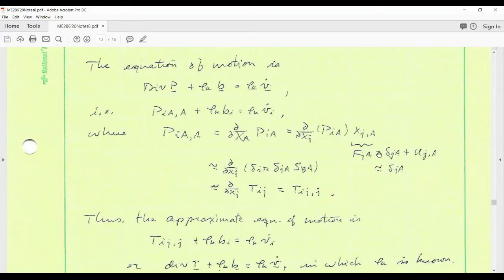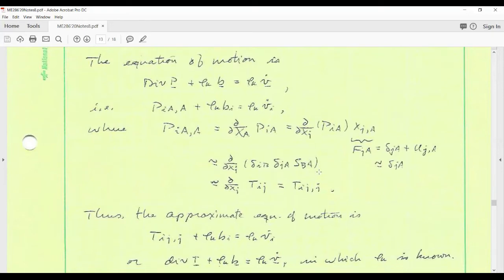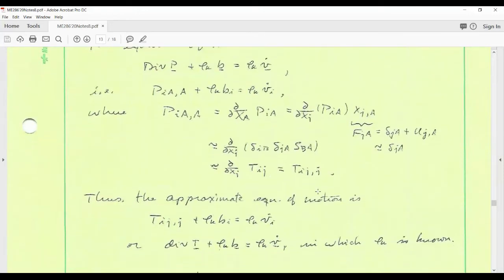Then you need the deformation gradient, approximate it by the shifter. The shifter is uniform, so we can sneak it inside the derivative, and we get this approximately. This combination is our approximation to the Cauchy stress, and this is just the comma J, the spatial divergence.